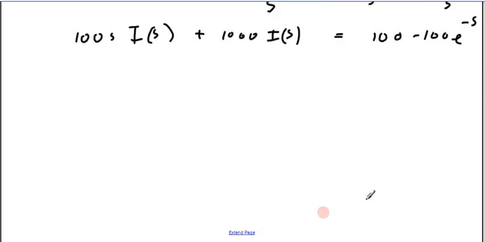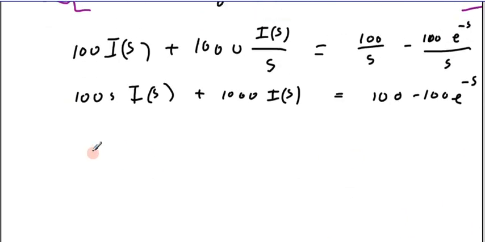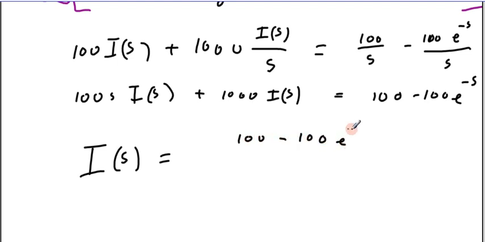Okay, and then I can solve for I(s). I(s) is equal to 100 minus 100 e to the minus s divided by 100s plus 1000.